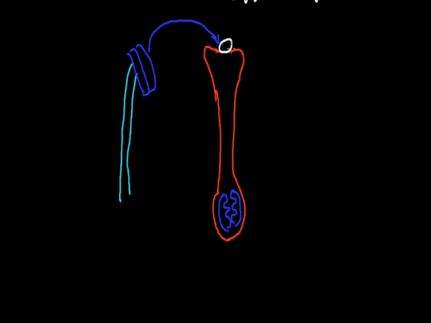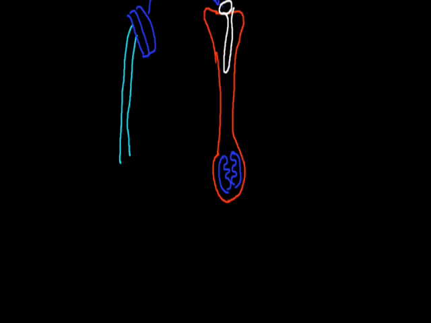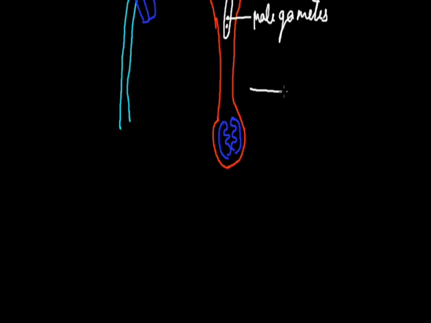And with the help of this pollen tube, male gametes reach the ovule and the fertilization process occurs. These are the male gametes, and with the help of the pollen tube they are able to reach the ovules and fertilization occurs.